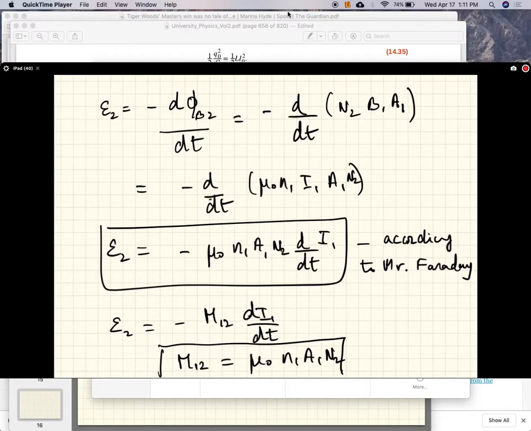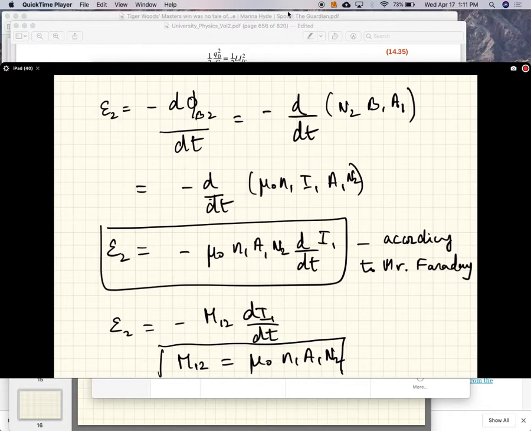So the area of the second solenoid does not matter. Why doesn't it matter? Because all of the magnetic field is contained within the solenoid. The solenoid is a device such that it produces only a magnetic field within it, and outside the field is zero. And the strength isn't affected by it getting wider or smaller.